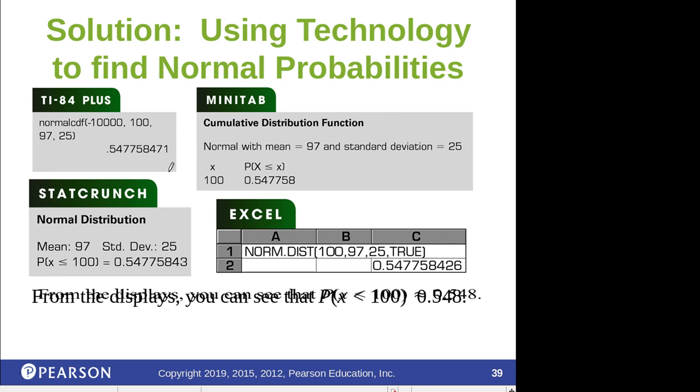And so what this is saying right here is that you're looking for the x value of 100 that has a mean of 97 and a standard deviation of 25. And it finds the probability that x is to the left, which is just what our table is doing for us. If you don't want to keep pulling out a table and you have a TI-84, you can do this.